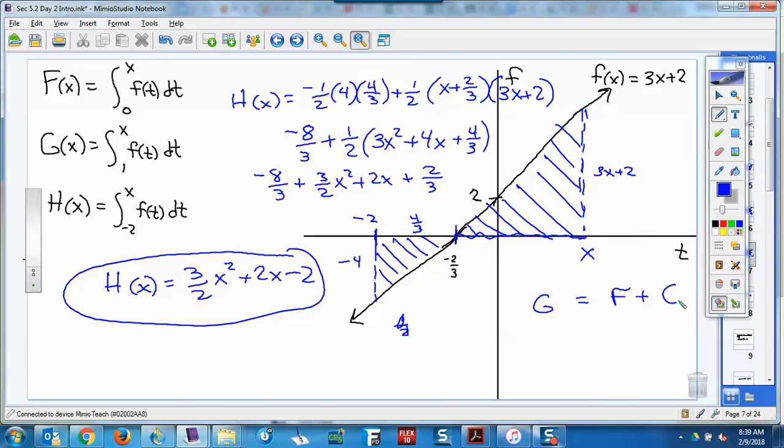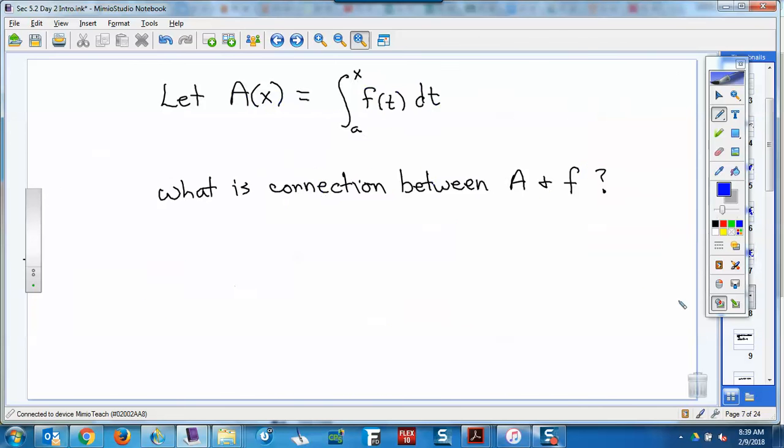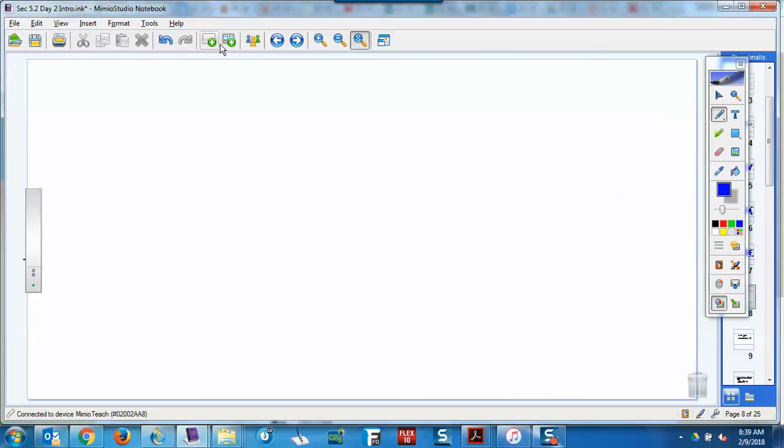Here's a shortcut. Let's take G. Big G was the integral from 1 to x of 3t plus 2 dt.